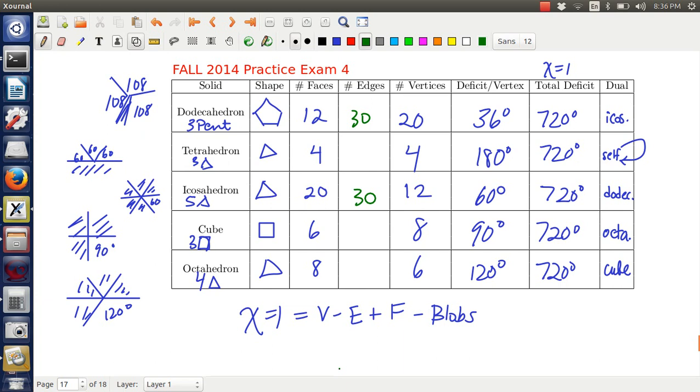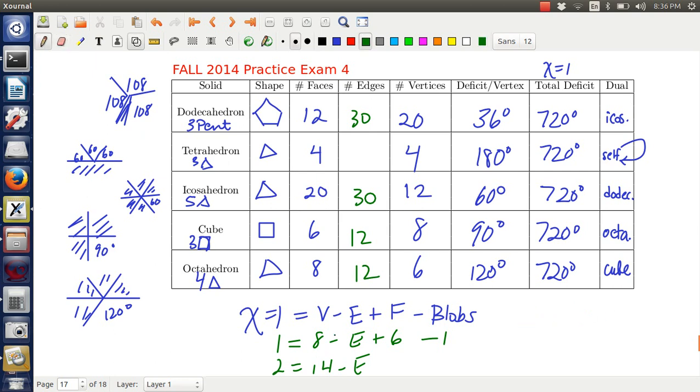Here, we'll do 2 more. Okay, cube, we have faces, vertices, blobs. Great. 2 equals 14 minus E. E equals 12. Great. 2-for-1 sale.